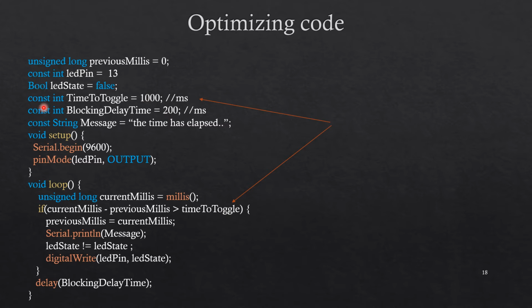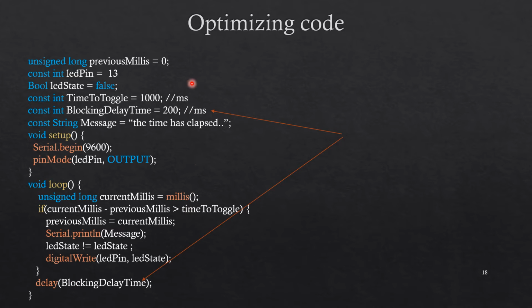So here we have added a constant variable called time to toggle equal to 1000, which is in milliseconds, and we have used it here in the if statement. Then we have used a constant variable of type integer called blocking delay time with the value of 200 milliseconds, and we used it right here in the delay.